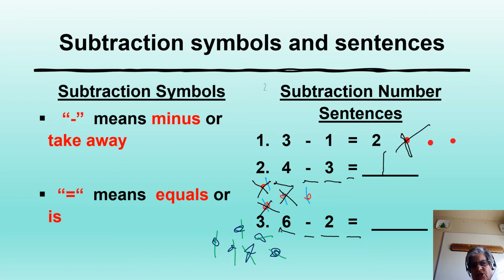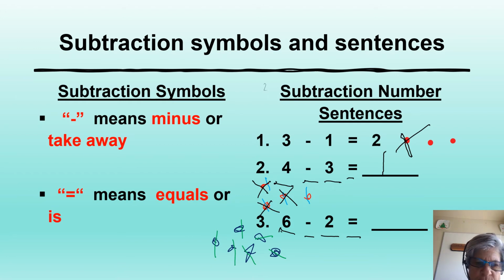After you've made each circle, count them again to make sure you have 6. Now, if you have 6, it says minus. Minus also means take away 2.